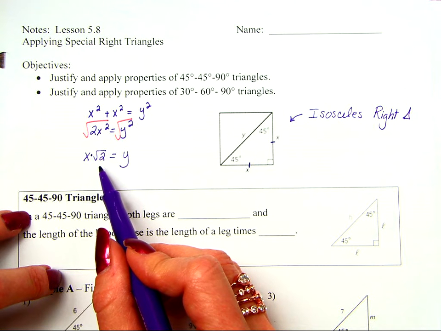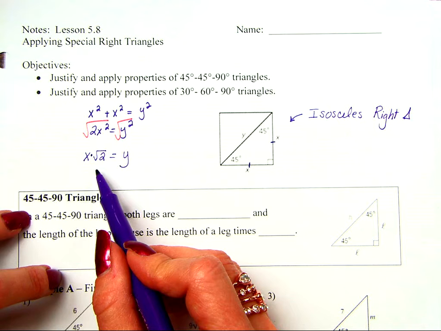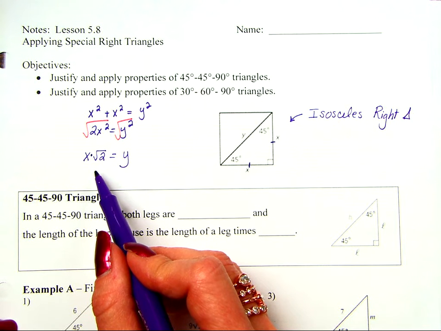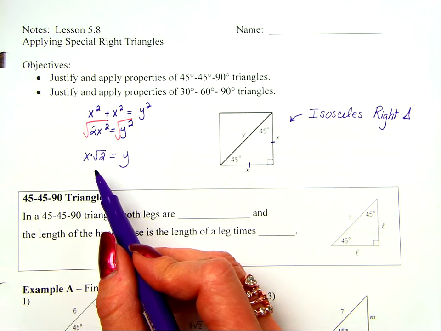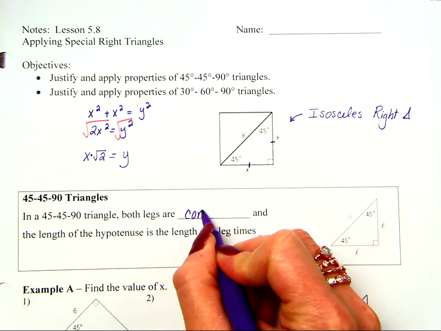Now root 2 is about 1.4, but because that's an approximation, we are going to work with the radical form, so we're going to leave it as the square root of 2. What we're going to talk about today is some ratios that are true in these special right triangles. In a 45, 45, 90 degree triangle, both of my legs are congruent.